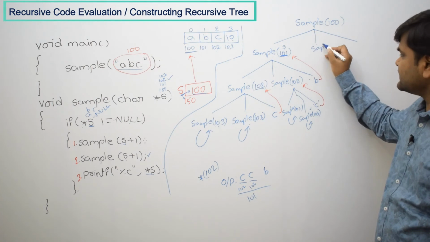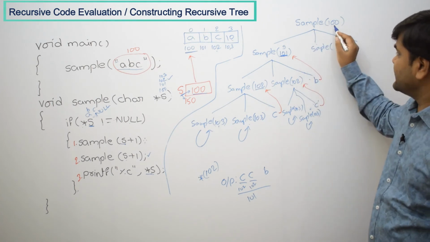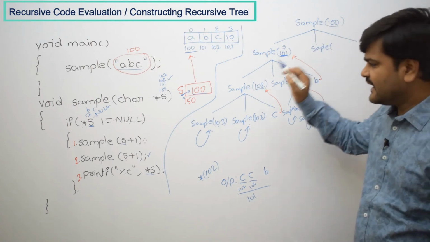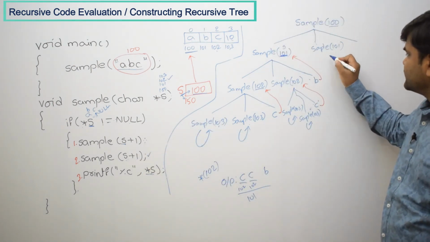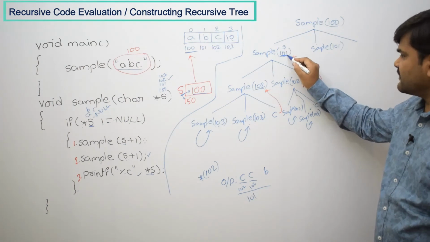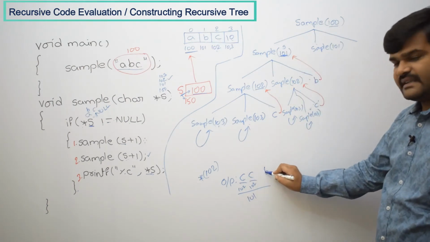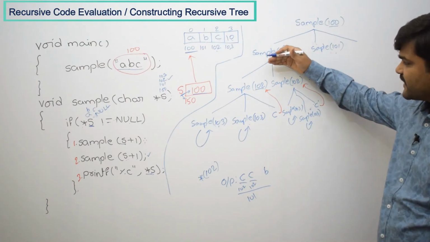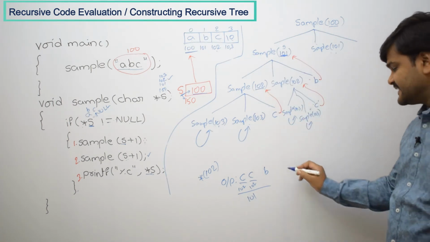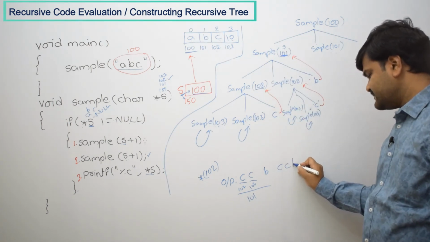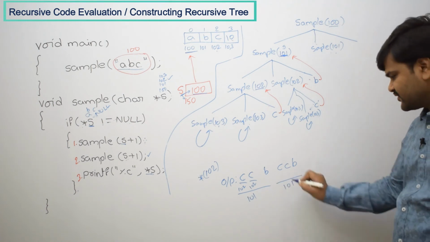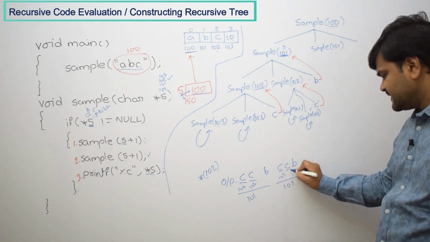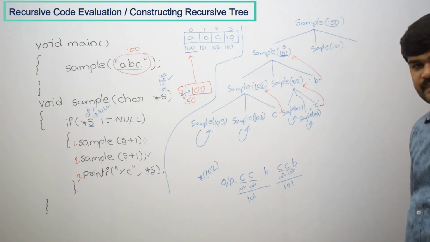Sample S plus 1. What is the current S value? 100. 100 plus 1, 101. So for 101, what is printed? CCB. Even here you are going to get the same tree. That means it is going to print the same output, that is CCB. So this is printed with 102, this is printed with 102.